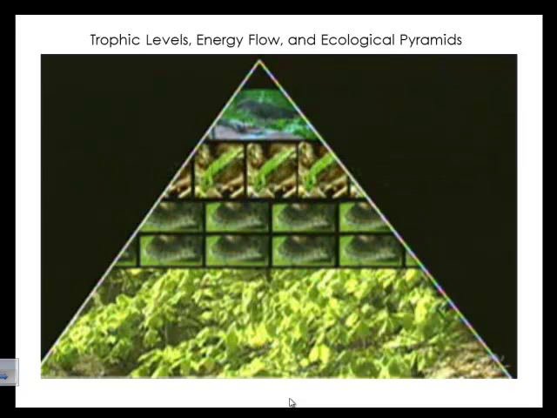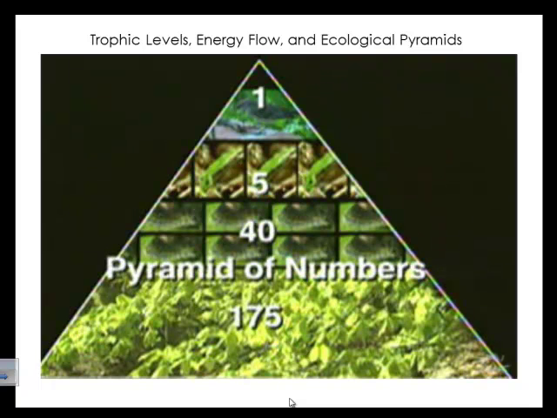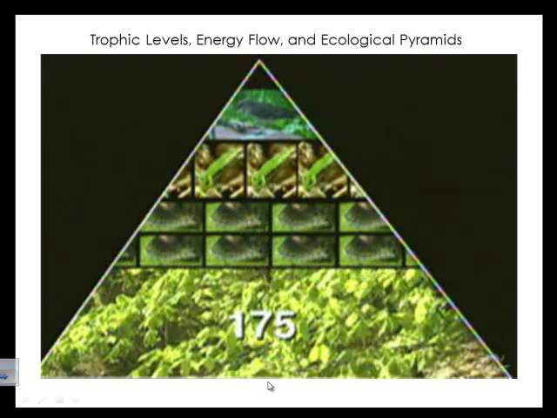To make this easier to understand, ecologists use a pyramid of numbers based on the number of organisms needed to make a simple food chain. For example, one study showed that it took 175 food-producing plants to support 40 first-order consumers like caterpillars. 40 first-order consumers were needed to support 5 second-order consumers, such as the lizards that eat caterpillars.